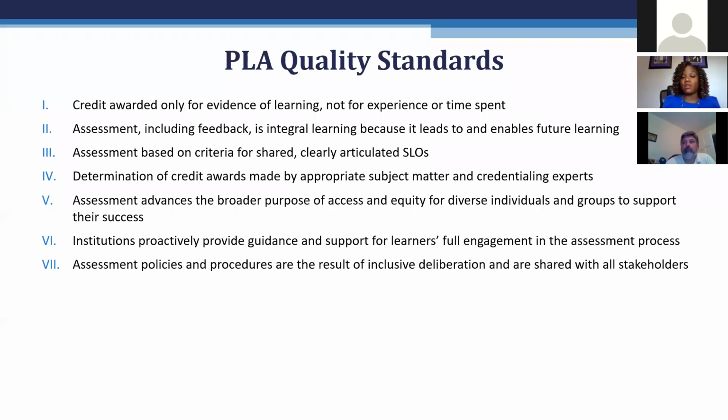They might want PLA credit for a gym course, a physical education course, or for a health course, or for an English course. And so it's going to be necessary to engage stakeholders in the different schools, the different academic disciplines that are familiar with the PLA processes and standards. And so those standards, those policies, those procedures need to be agreed upon by all of the academic units.